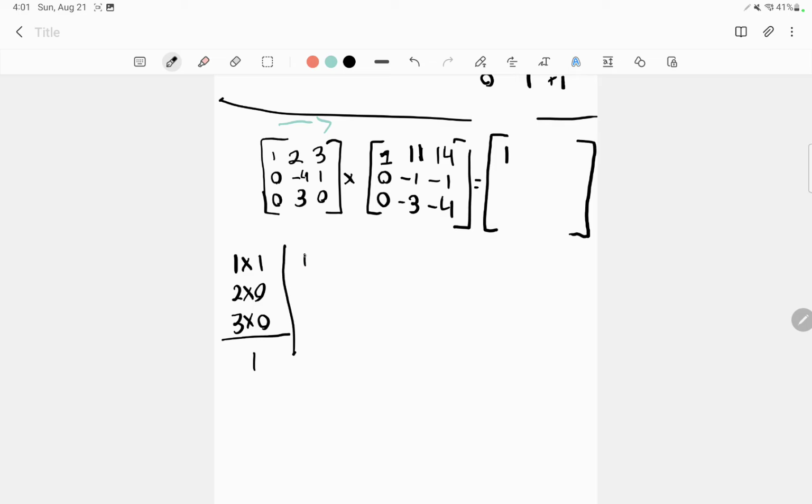Now let's do the second one. I'm going to do 1 times 11. Now 2 times negative 1. Now 3 times negative 3. Alright, so we're going to get 11, negative 2, and negative 9.